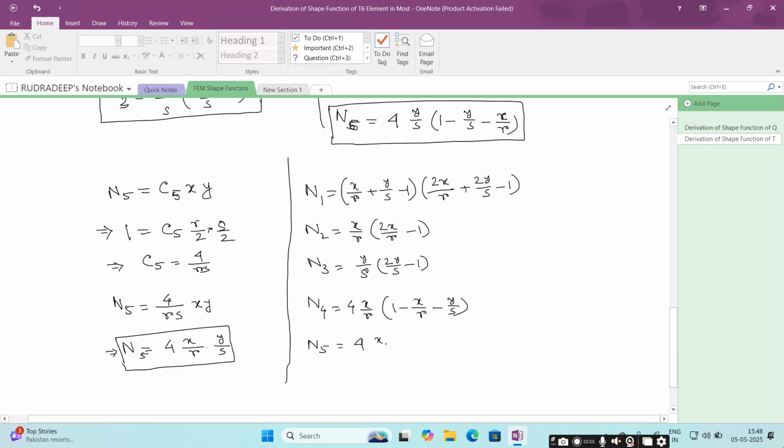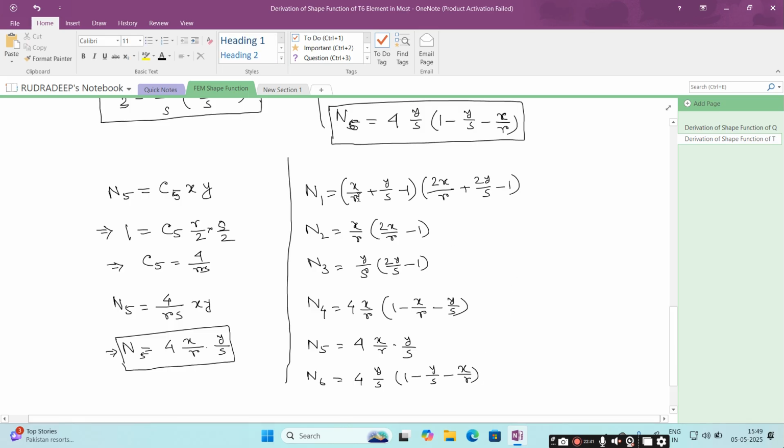N5 is 4 into x by r, y by s, and finally the n6 value is 4 into y by s into 1 minus y by s minus x by r.